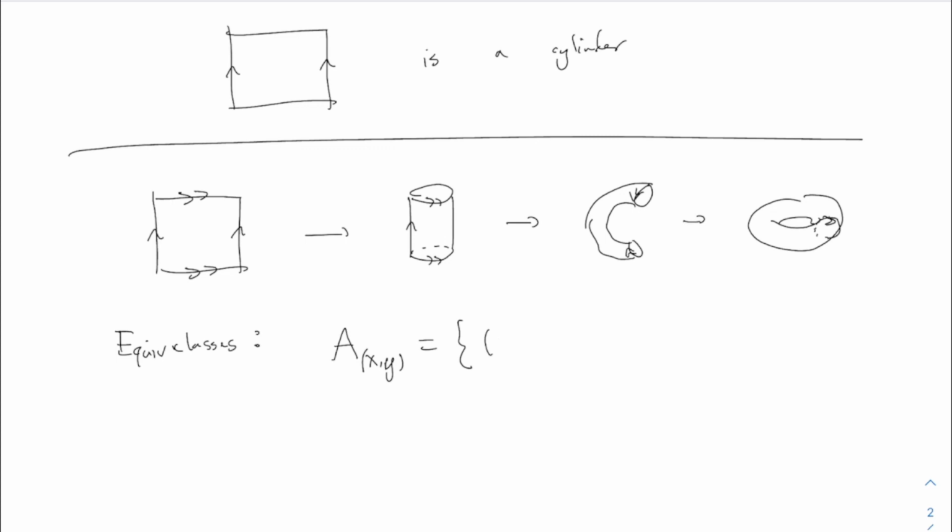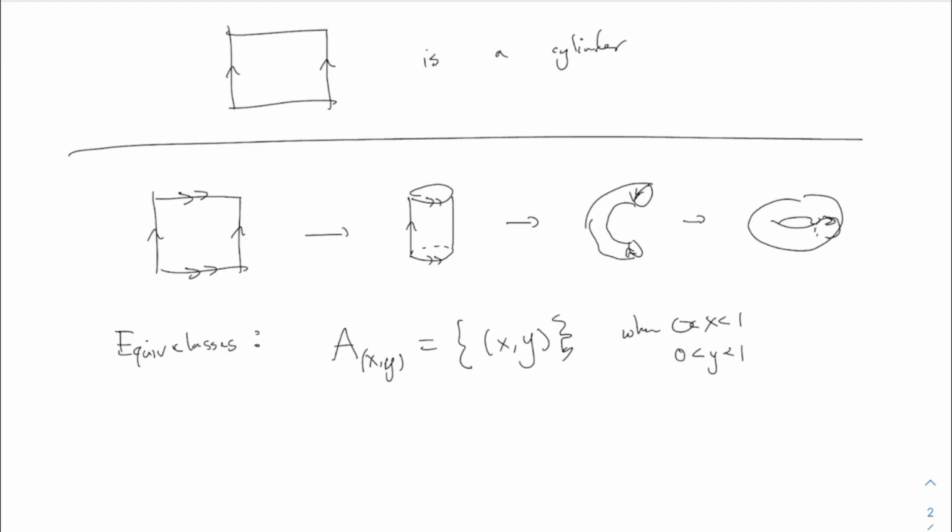These are just (x, y) by itself. These are the points which do not get glued together with anything else. And that happens when x and y are both on the inside, not on the edges, right? So if x is between 0 and 1 and y is between 0 and 1, not including zeros and ones, that point just stays by itself.